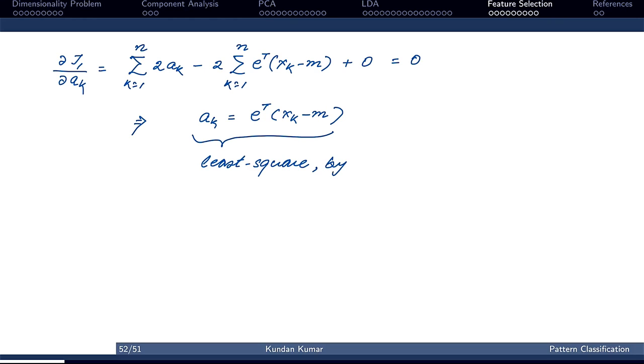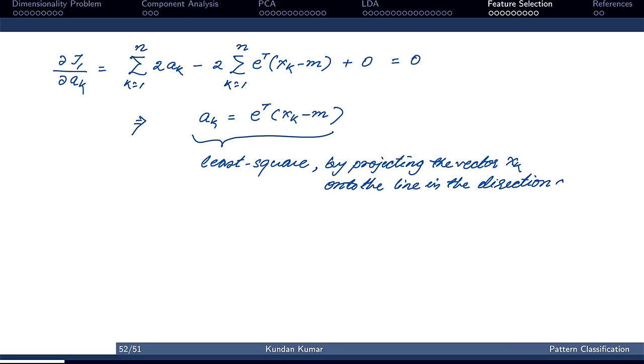By projecting the vector xk onto the line in the direction of E, and that passes through the sample mean.